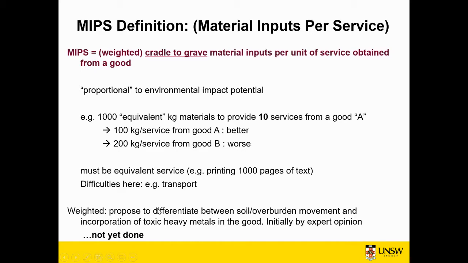So in principle, depending on the characteristics of different materials, if they are more damaging to the environment or less damaging to the environment, you could attribute them different weights. So you could rescale our indicator based on the type of material you're consuming. So it's like if my product uses 1 kilogram of sand or 1 kilogram of lead, the amount of material is the same, but then the environmental implications of those materials are completely different.